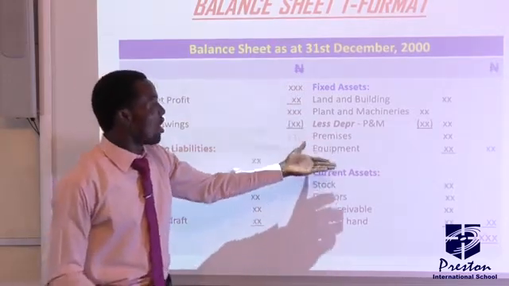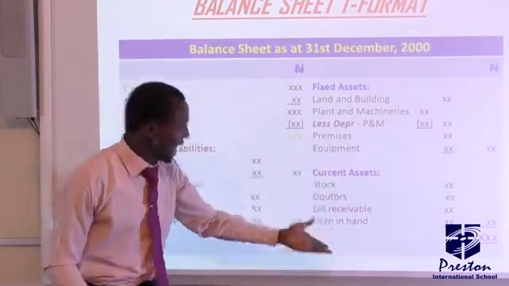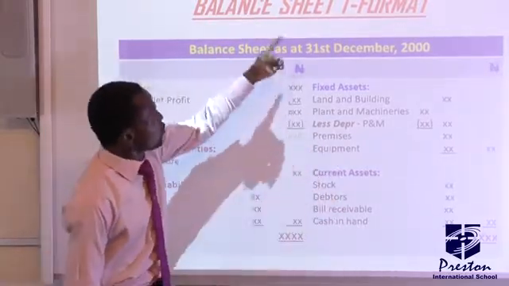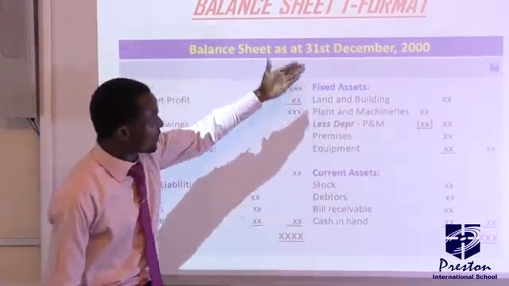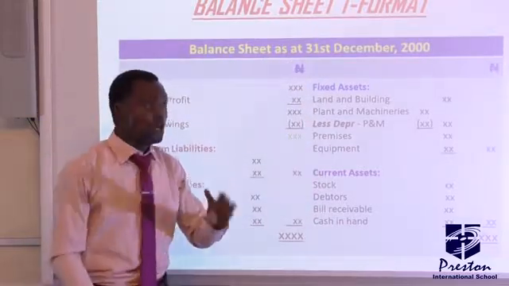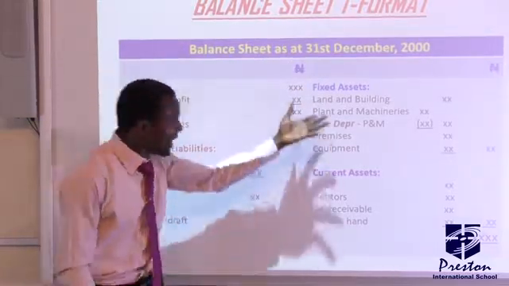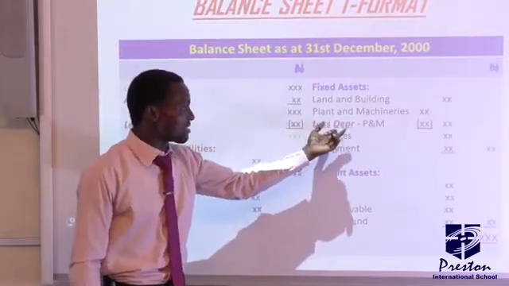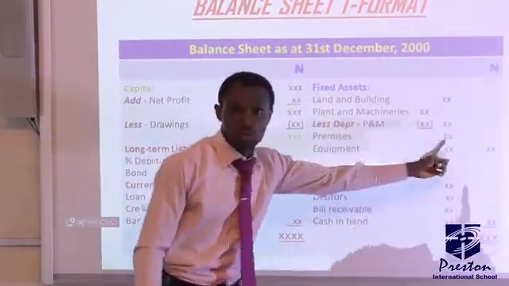There, we discussed more about depreciation. Now, you are bringing the same concept to your balance sheet, whereby wherever you have items under fixed assets, if you have depreciation on any of them, you must deduct the depreciation of such fixed assets before you forward it to the main balance.